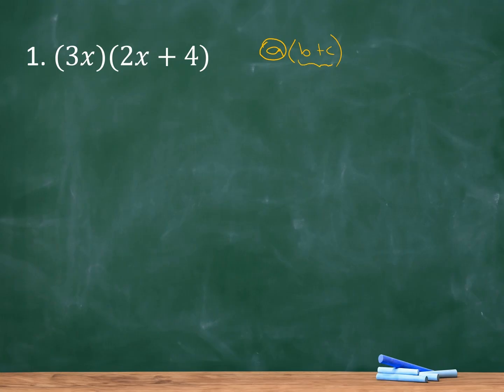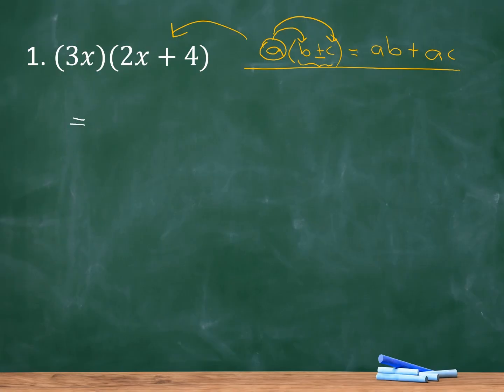So we will multiply a to b, so that's a times b, and then we copy plus, and then we multiply a to c. So that's a times c.